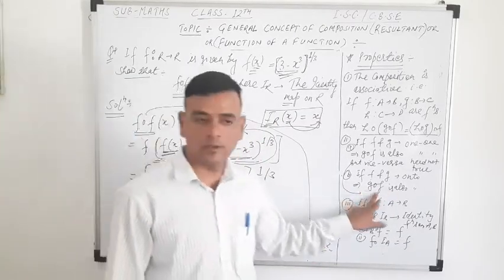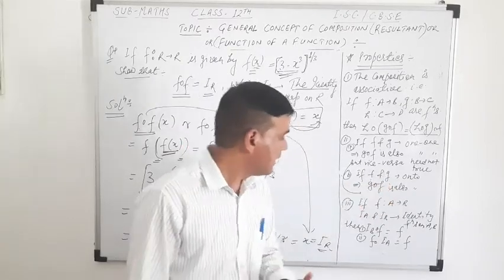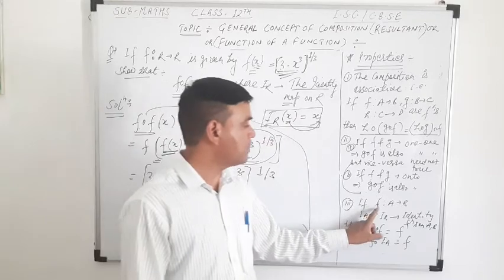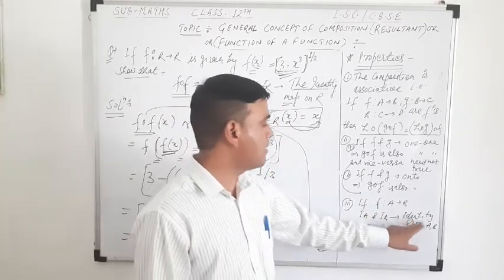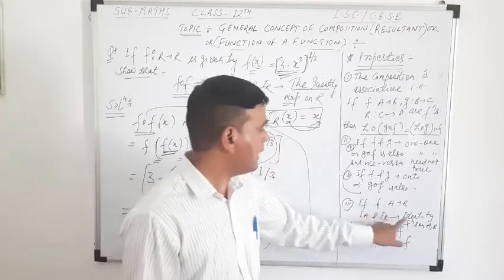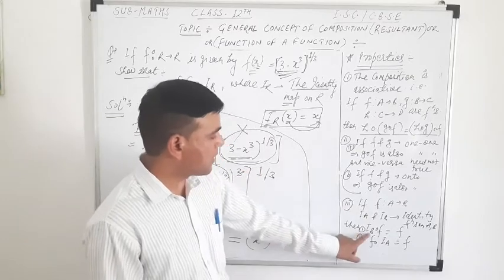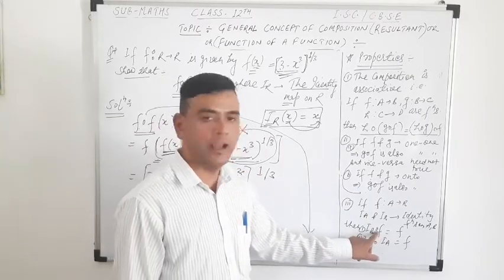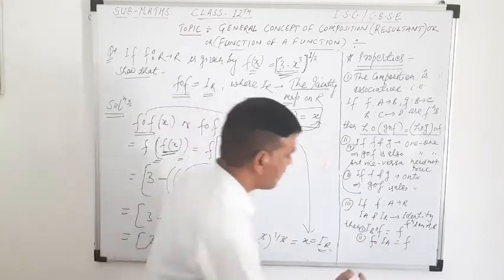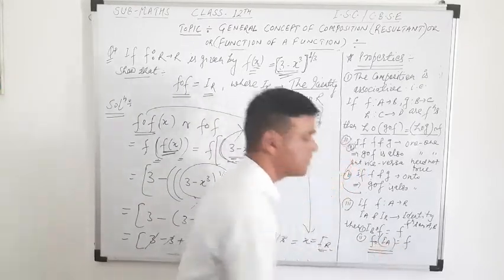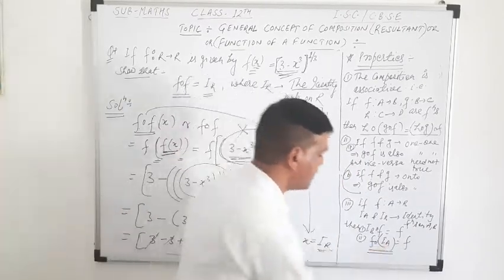That is, if g o f is an onto function, then f and g are not necessarily onto functions. In a similar way, if any function f from A to B is given to you, and I_A and I_B are the identity functions defined on A and B, then we always have two results: I_B o f is always the function f itself, and similarly f o I_A will always be f.